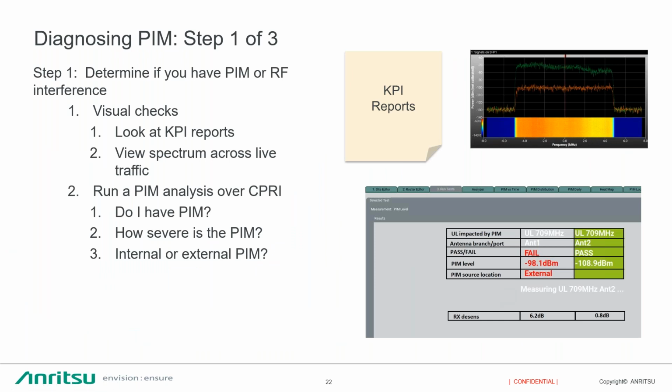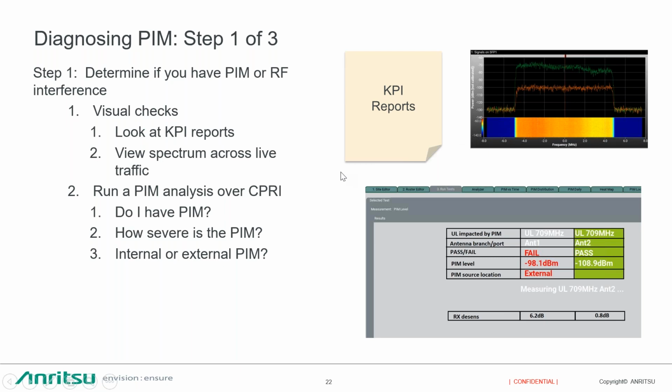And when we diagnose PIM, it's just a simple 3-step process. So let me go through those steps. Step 1 is determining if you have PIM or RF interference. There are 2 sub-steps within this. A lot of times operators, and I don't know of any operators in the world who don't have KPI reports, can look at PRB heat maps versus time, something that tells them that something is going amiss with their environment.